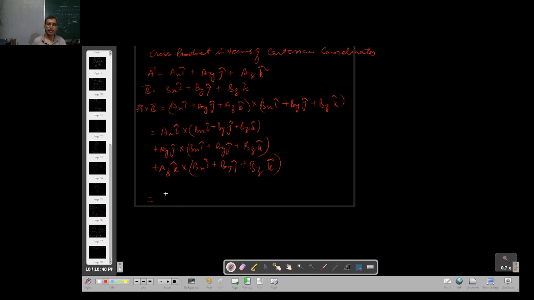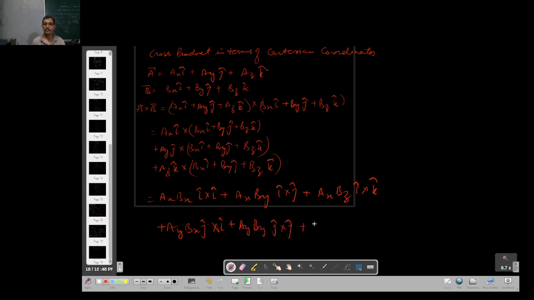So this is equal to, multiplying, ax bx i cross i, plus ax by i cross j, plus ax bz i cross k, plus ay bx j cross i, plus ay by j cross j, plus ay bz j cross k.